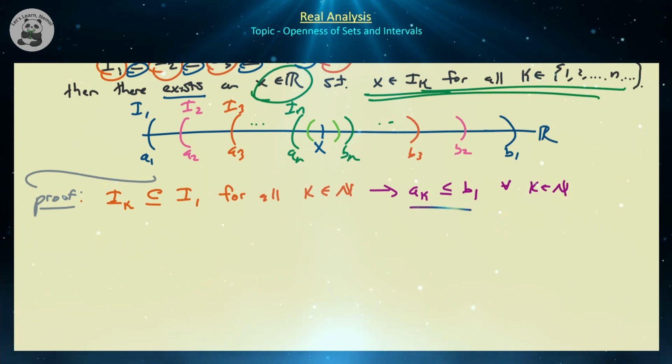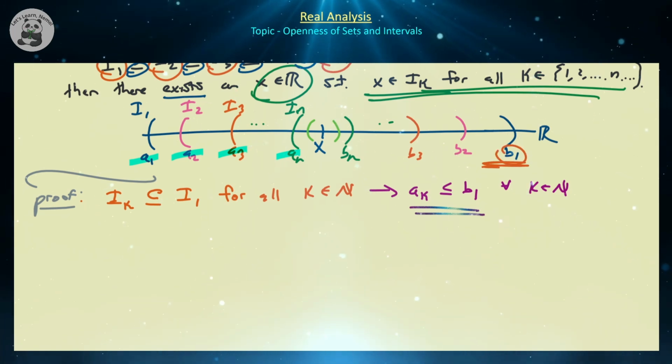So what am I exactly saying with this statement? ak are the lower bounds of those intervals. So we have a1, a2, a3, down to an. They're always less than or equal to the upper bound associated to I1.